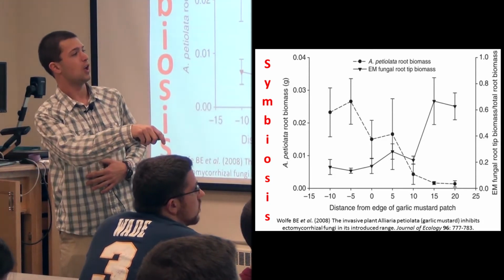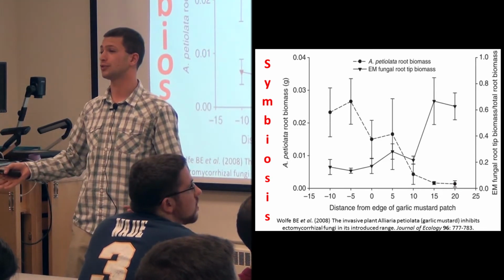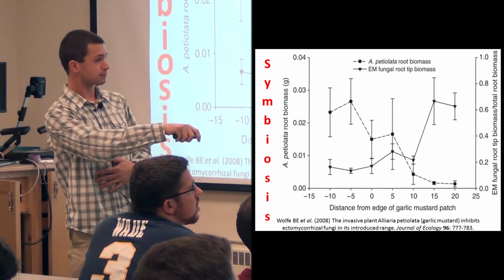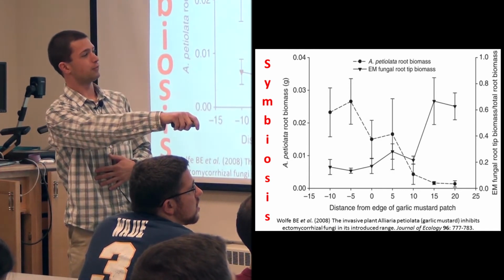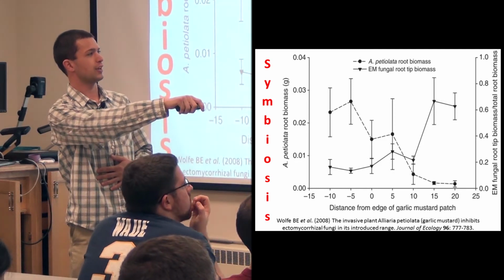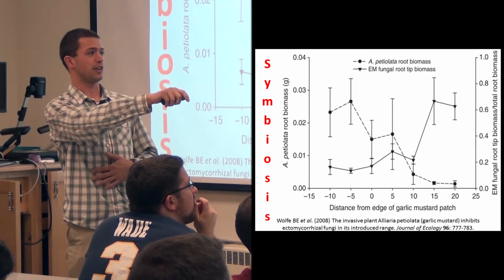And on the other Y-axis we have the fungi that are in that soil, the good fungi that are usually there. What we can see is that as you get closer to that patch of garlic mustard, you get more of the garlic mustard, more of the roots. Makes sense. But also as you get closer, things die.